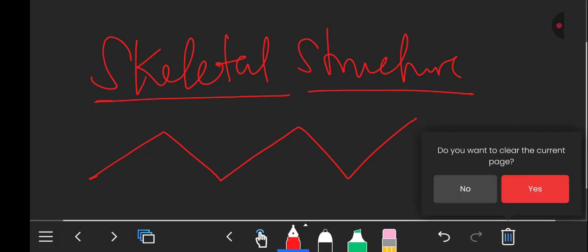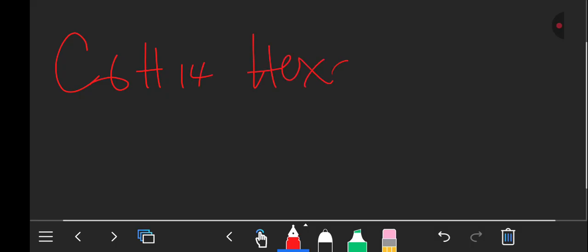So let's look at an example. Let's say you have C6H14. This is hexane, right? Hexane, you can represent it in a simplified way, and this is what we are calling the skeletal structure.